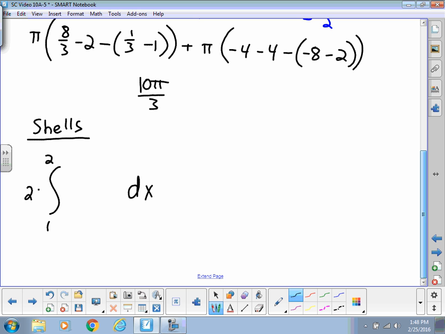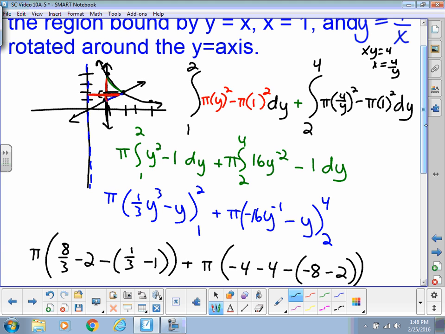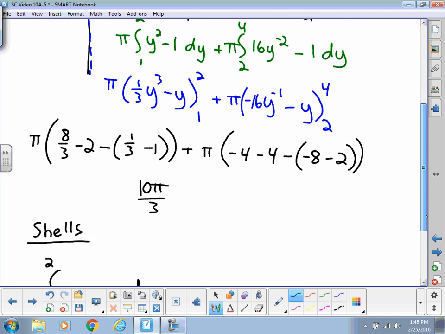I'm going to throw the 2 pi out here times our radius for those slices. Well, maybe that's a slice. Its radius would just end up being x, because it's a horizontal line attached to the y-axis.